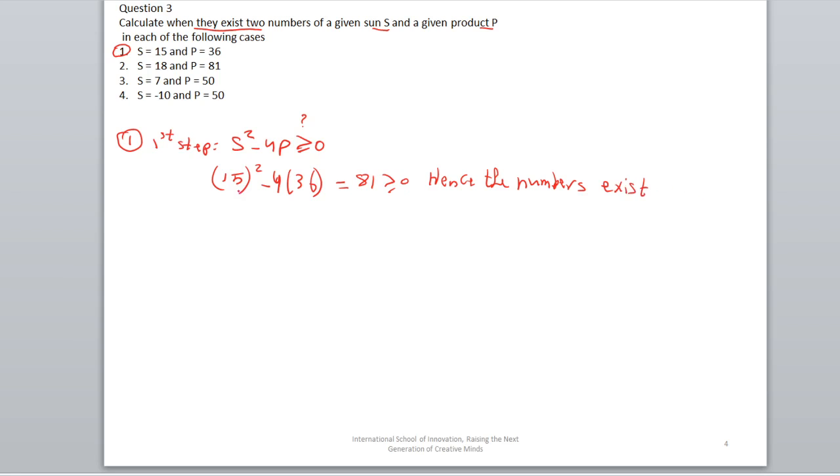Okay. Now, since the numbers exist, what are these numbers? I write the second step: solve the equation. These numbers are the roots of the equation.